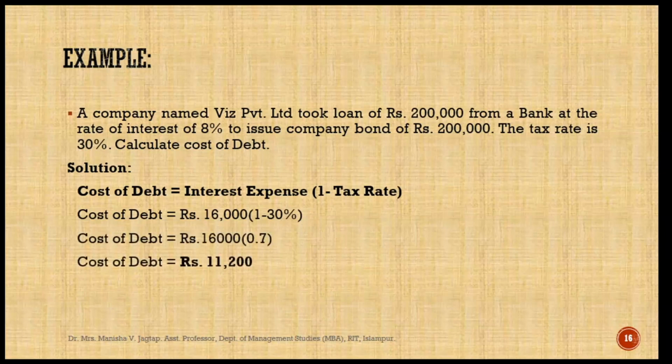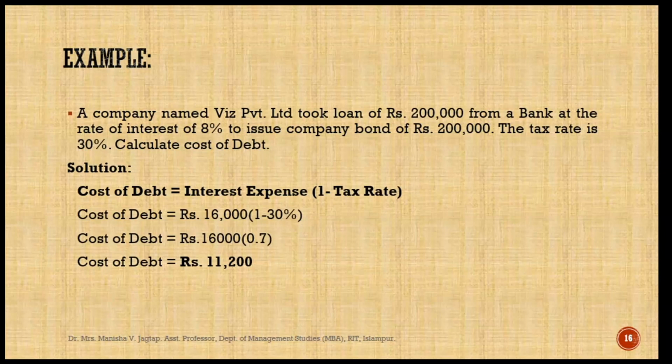Here you can see the cost of debt is rupees 11,200. In this manner, we can calculate the cost of debt. And here you can see the interest payable is 16,000, but the actual cost of debt is 11,200.